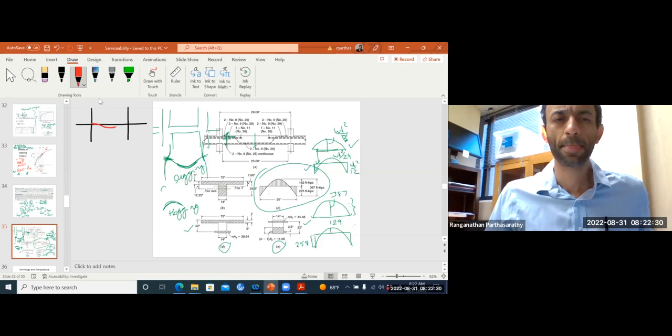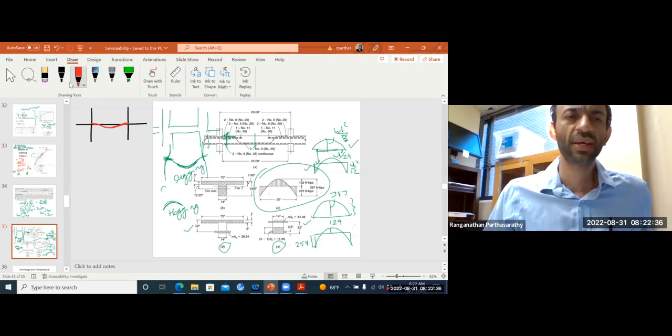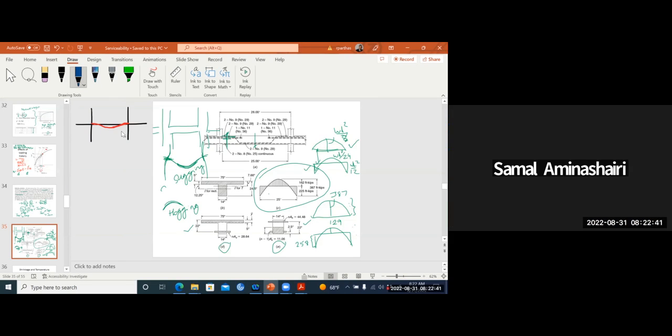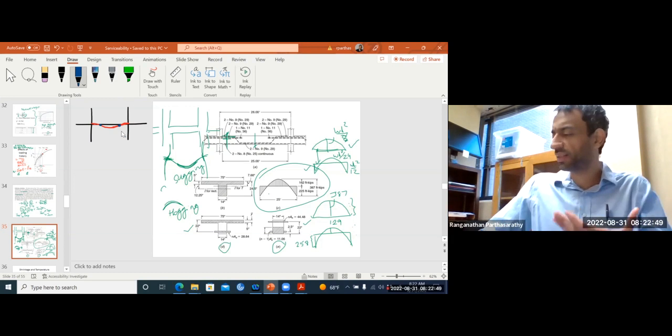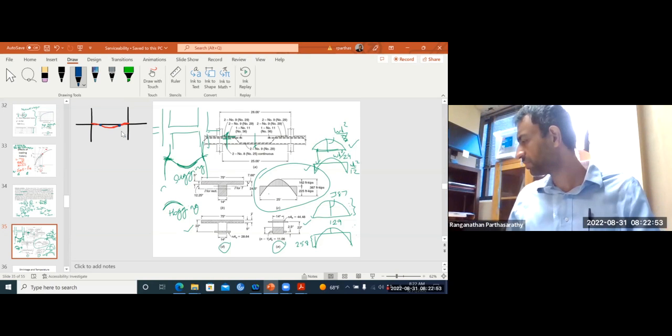Something like that, right? So what's your positive moment region? Somewhere from here to here, right? In this region, it is bending, it is sagging. The beam is sagging, right? Let's take a piece of paper.